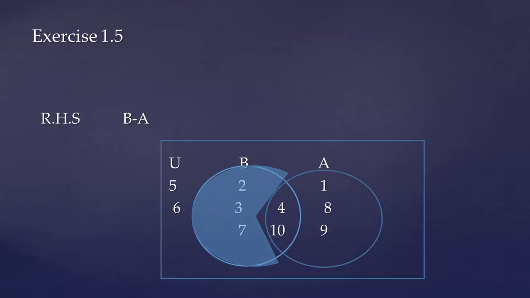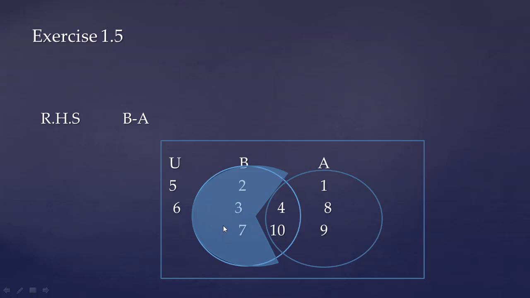For the right hand side we have B minus A, in which we have first set B and then set A. 4 and 10 are the common values, and we have written the values of set B, which are 2, 3, 7, and the remaining values of set A are 1, 8 and 9.